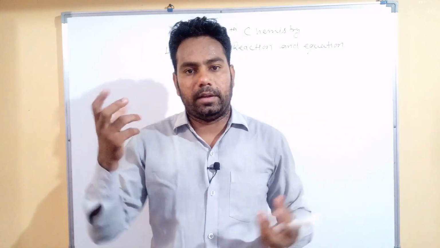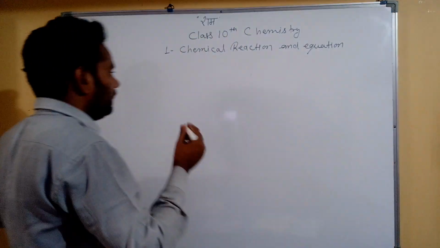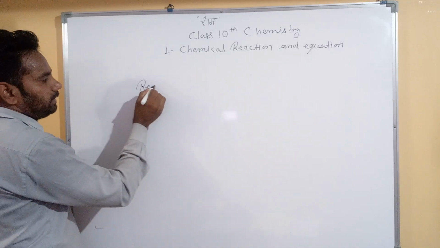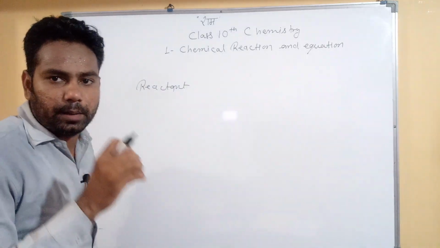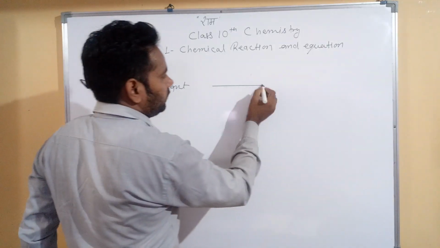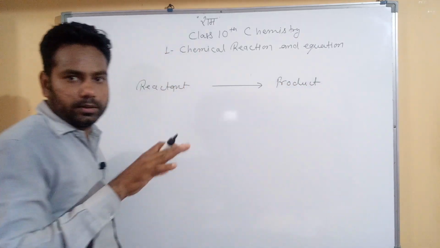The initial substances are called reactants. In the example, milk is the reactant and curd is the product.